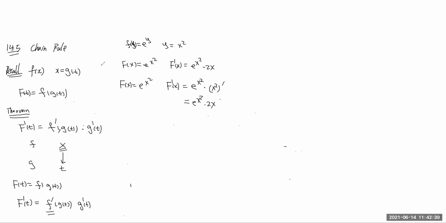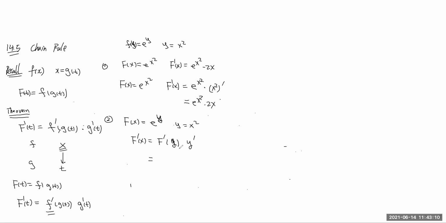You may say, okay, we may try another way. You just memorize this formula. You use f(y) = e^y, and y is x squared. You compute the derivative of f with respect to y, evaluate at y, and you compute the derivative of y.